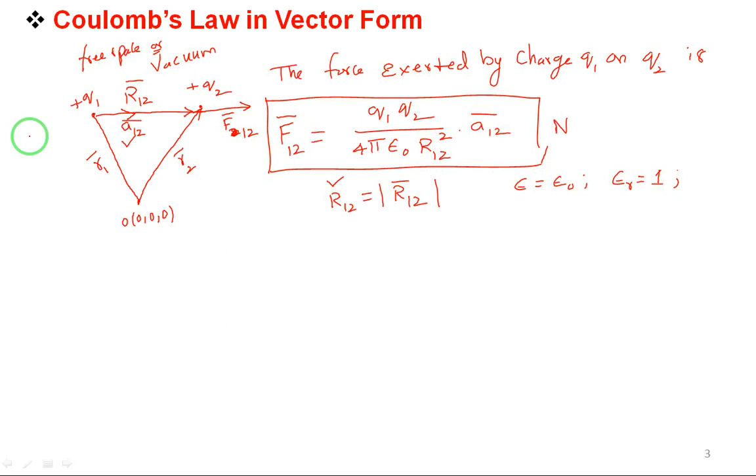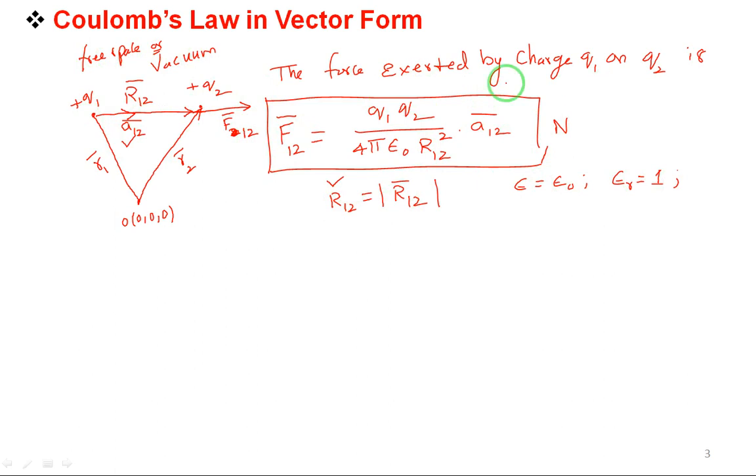Okay, then how to define the Coulomb's law in vector form? Just once again the same thing. The force of attraction or repulsion between the two charged bodies separated by a small distance is directly proportional to the product of the charges and inversely proportional to the square of the distance between them. Same thing. And we have to take care about the direction of the force, in which direction the force is acting, right? F12.